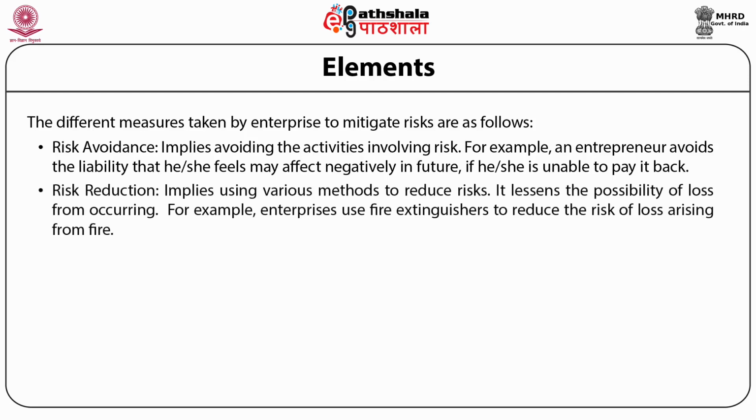Risk reduction. It implies using various methods to reduce risk. It lessens the possibility of loss from occurring. For example, enterprises use fire extinguishers to reduce the risk of loss arising from the fire.